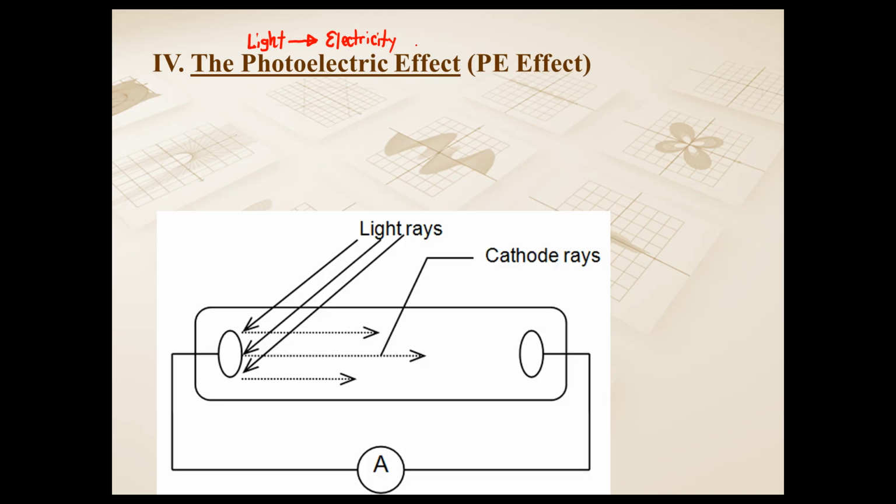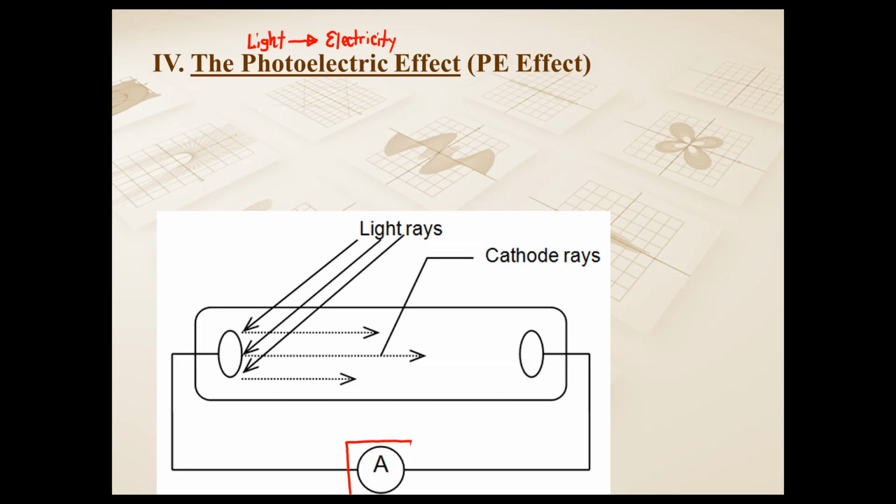However, we're going to start with our favorite apparatus, that being a cathode ray tube, although there's a little bit of an adjustment here compared to the ones we looked at in previous lessons. In this cathode ray tube, I just want to point out, first of all, there is no power source. In every other cathode ray tube that we looked at, we had a jumbo battery probably located in this area.